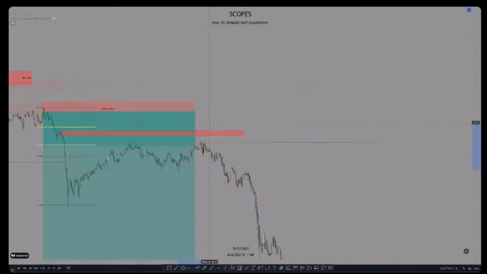Same with BTC. We was here, we was around this area. Pointing at now. It was around here, and I put this, drawing my channel.